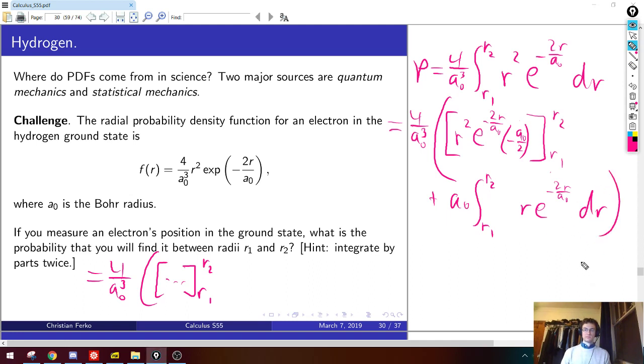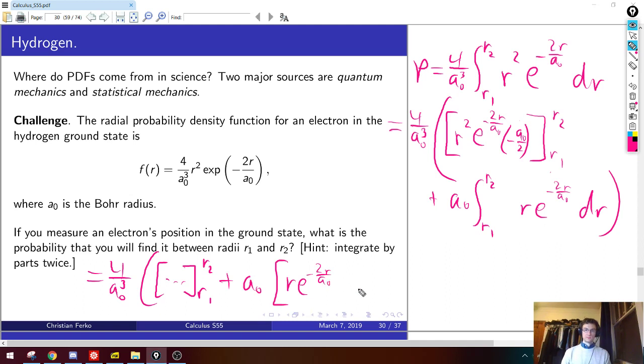Okay, and that stuff there is equal to begin bracket, r times e to the negative 2r over a naught. Good.